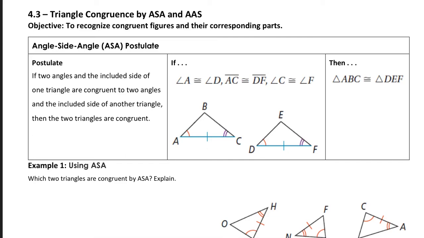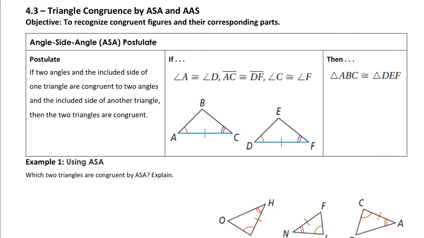Okay, so moving on, 4.3 talks about two different triangle congruence shortcuts. One of them is called ASA, angle side angle, and what this postulate states is that if two angles and the included side of a triangle are congruent to two angles and the included side of another triangle, the two triangles are congruent.